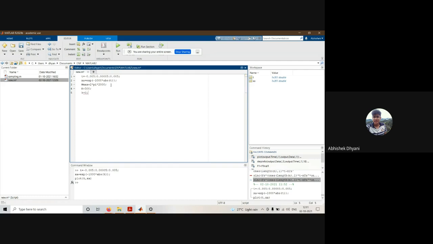I define k from 0, with increments of 1, up till capital K. At these points I will find the frequencies: capital omega, because we are in continuous time, is k into omega max by capital K. So when small k is 0, capital omega is 0, and when it is equal to capital K, omega equals omega max.